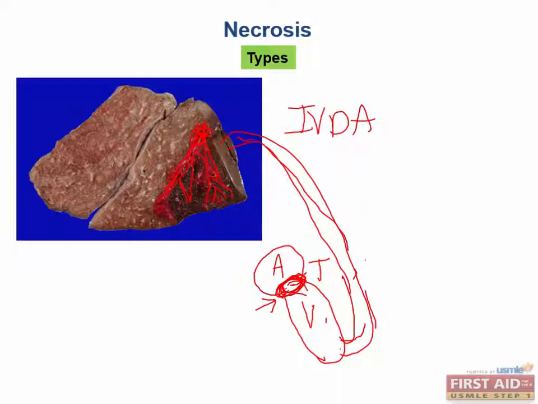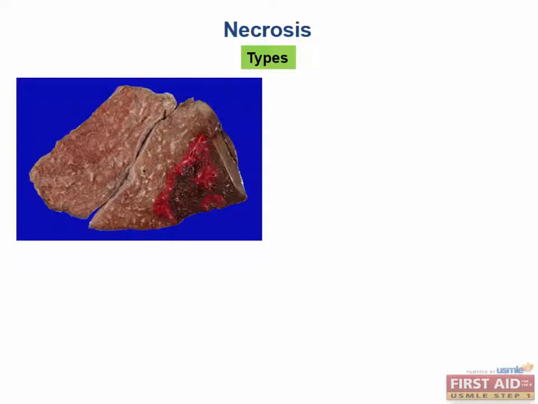Everything downstream from the occluded blood vessel will be cut off, and you will have infarction of tissue. What is the type of necrosis that is taking place in this dying tissue here? There's an event of coagulation and clotting leading to dying tissue. So, coagulation leading to necrosis, coagulative necrosis.